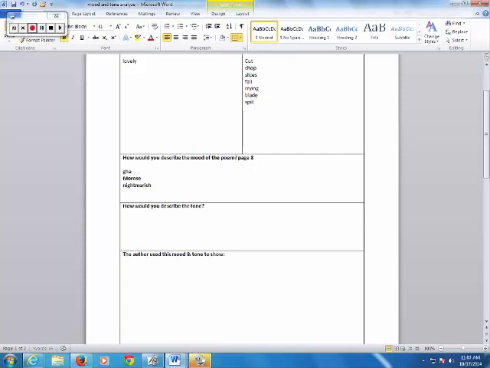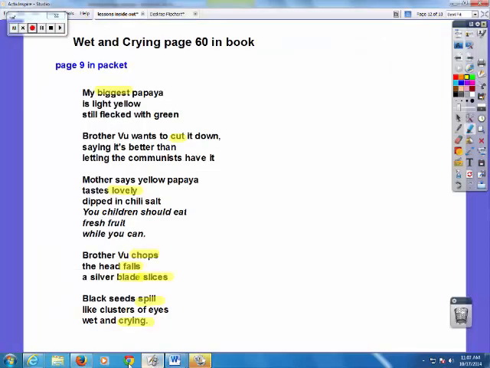So here's the hard part, tone. For tone, you're going to want to go to page 7 in your book. So how do you think Ha is telling this? Tone is tell. How does she tell about it? Someone could tell something in a very light-hearted type of tone, or calm, or silly.